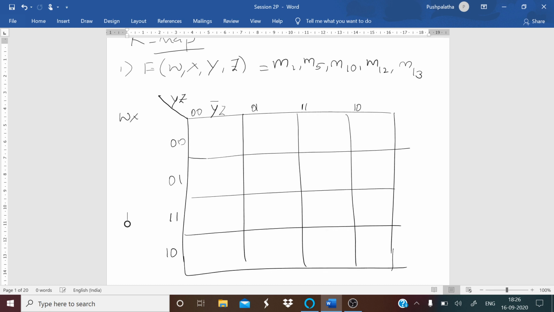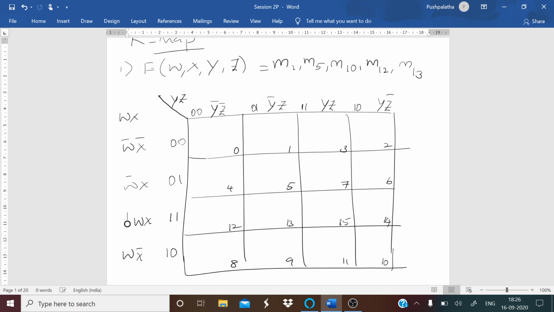So this is your Y bar Z bar, Y bar Z, Y Z, Y Z bar, W bar X bar, W bar X, W X, W X bar. And this is your 0, 1, 3, 2, 4, 5, 7, 6, 8, 9, 11, 10, 12, 13, 15 and 14.